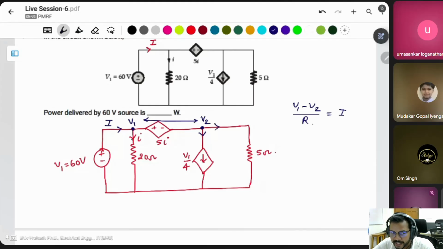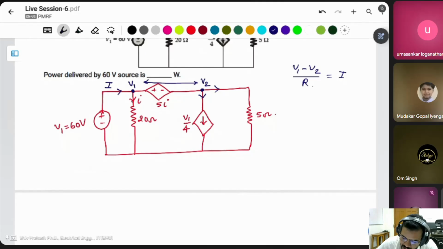That's why if you apply KCL in this case, nodal analysis, then you have to write both nodes in a single equation, because the same current is divided between this current and this current. If you know the current in this branch, then you can say easily this current is divided between these two.